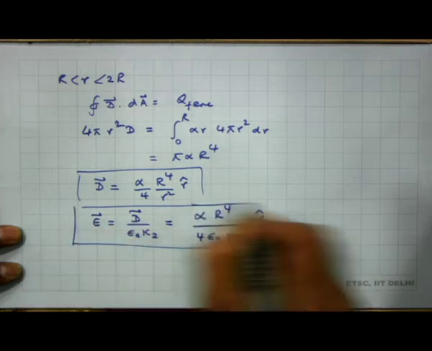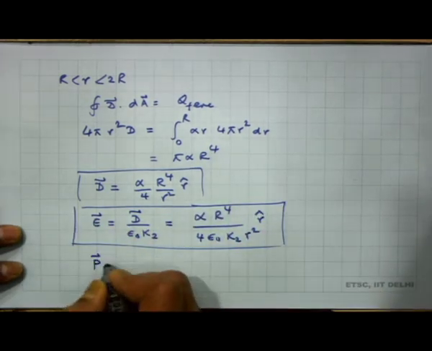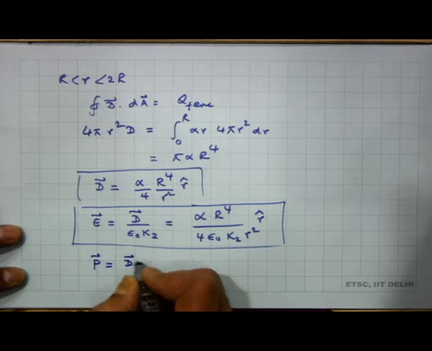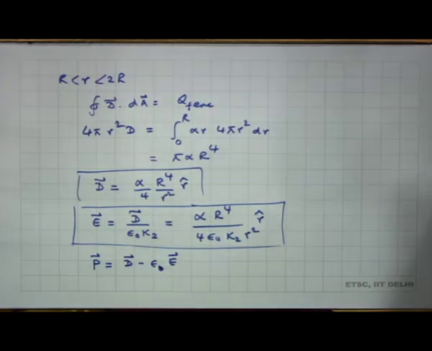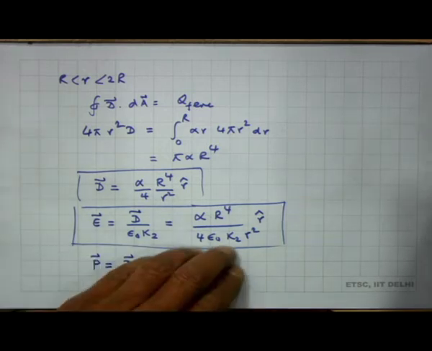That is the electric field, and you can write down an expression immediately for the polarization, which is D minus epsilon_0 E. So, what I have done essentially is, for this problem with dielectrics, I have been able to obtain the electric field and displacement vector.